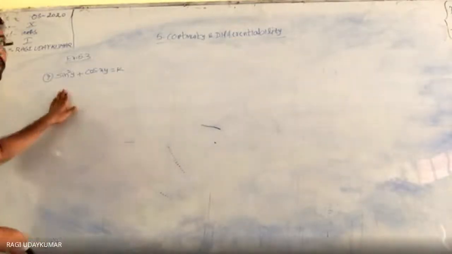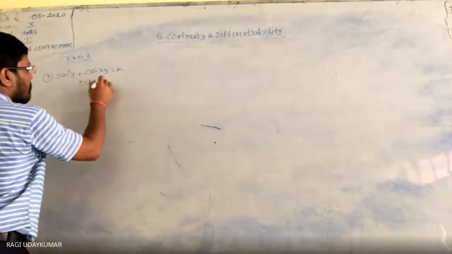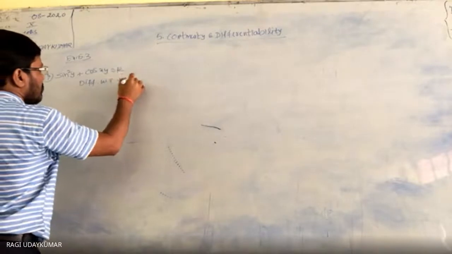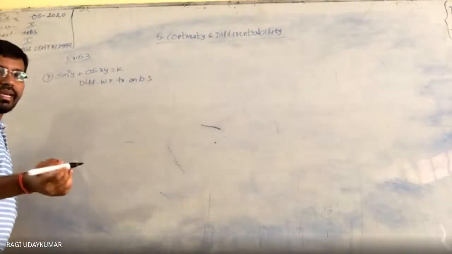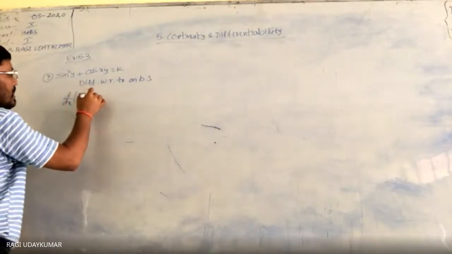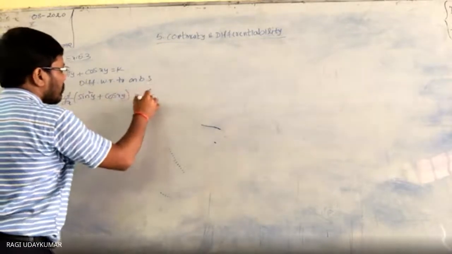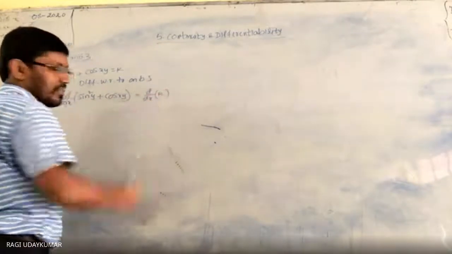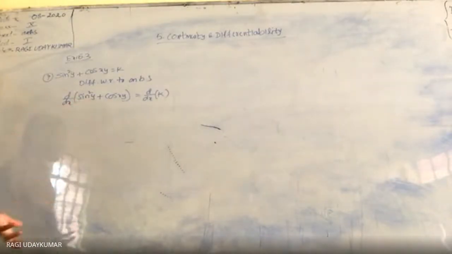So now here, differentiating this with respect to x on both sides. Same as before, differentiate with respect to x on both sides. So what do you get here? d by dx of sin square y plus cos xy is equal to d by dx of the constant k. Here you can take the differentiation separately.